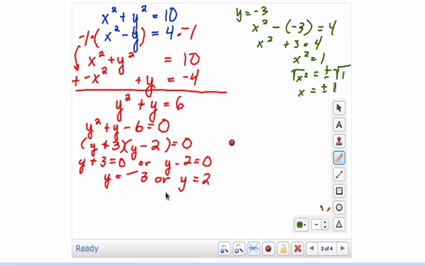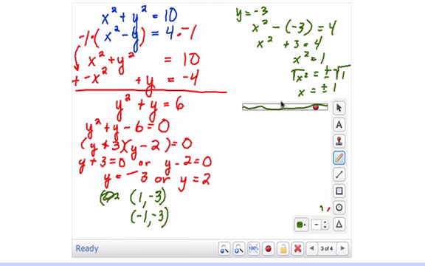Okay, so that's going to give us two solutions. When x is +1, y is -3. When x is -1, y is -3. So there's two possible solutions.